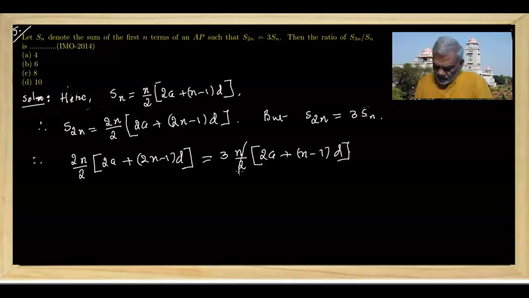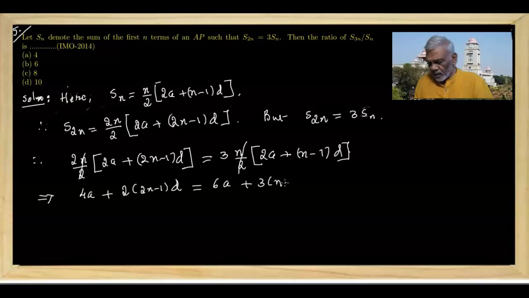Now here this n by 2 and this n by 2 are getting cancelled. After simplifying, what will we get? 2 into 2a is equal to 4a, plus 2 into 2n minus 1 into d, is equal to 3 into 2a, that means 6a, plus 3 into n minus 1 into d.